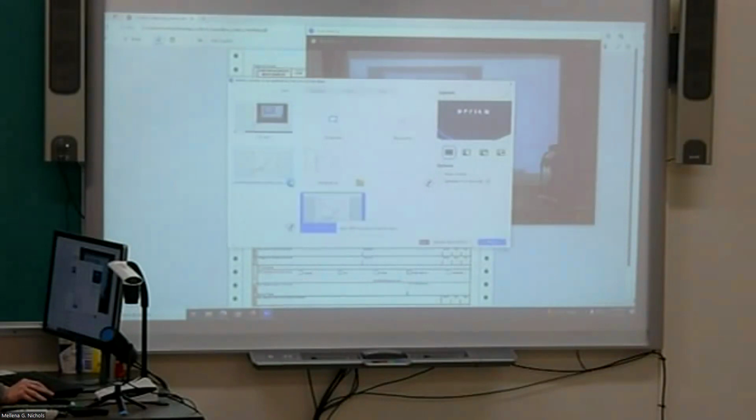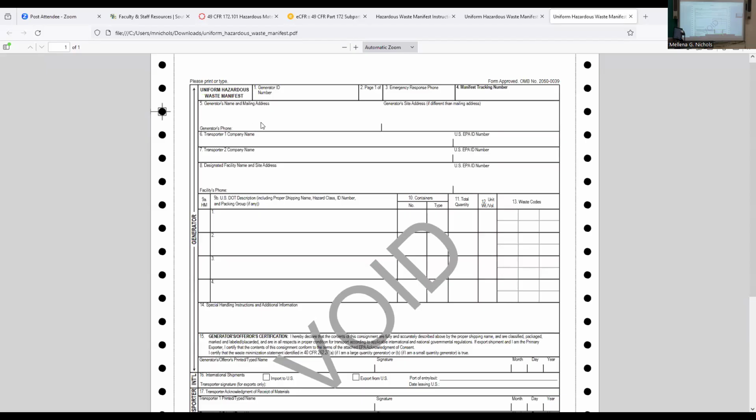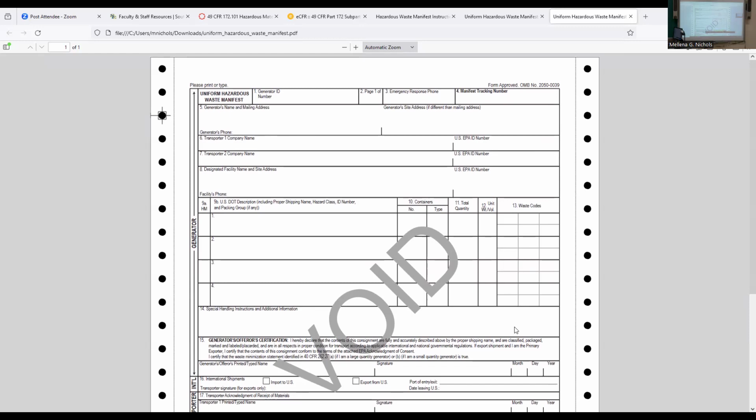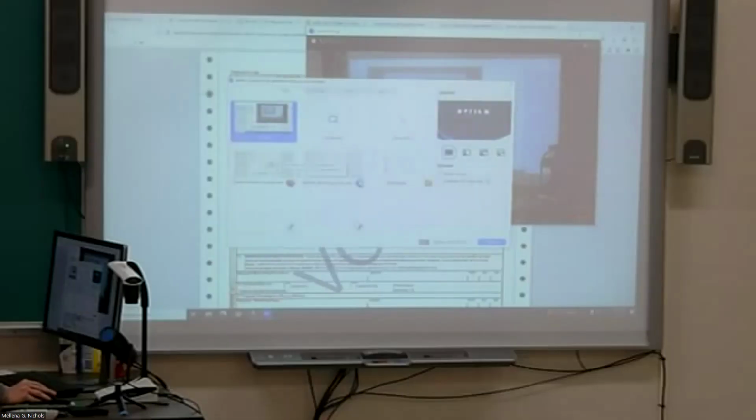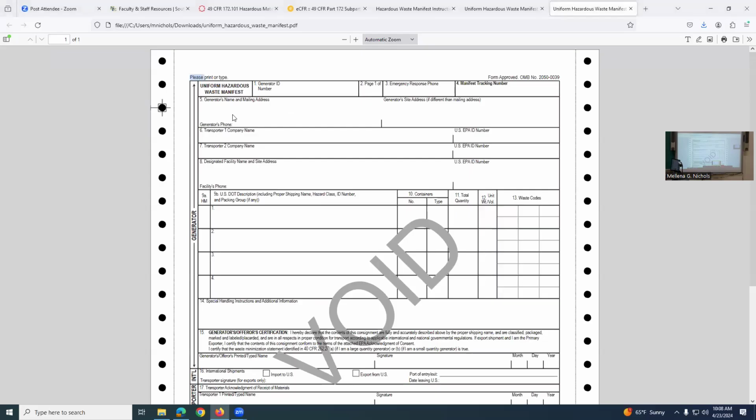I think it's this one. Yeah. No. Oh, no. Not that one, the other one. No, it's still not letting me put the information in.